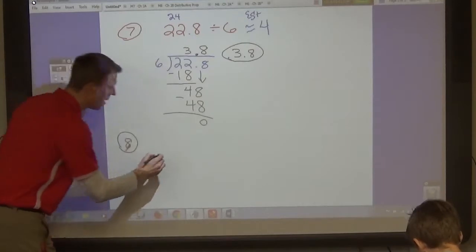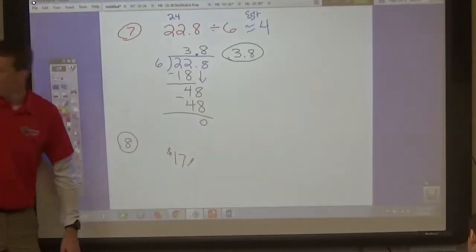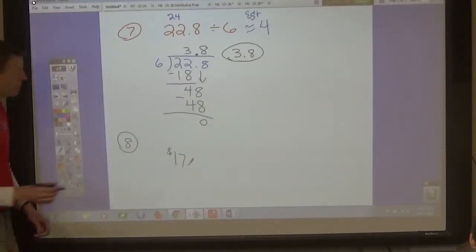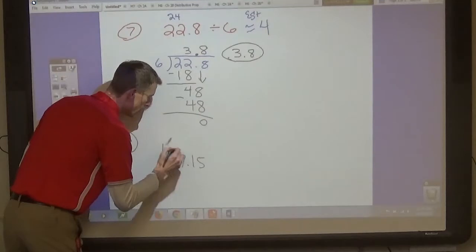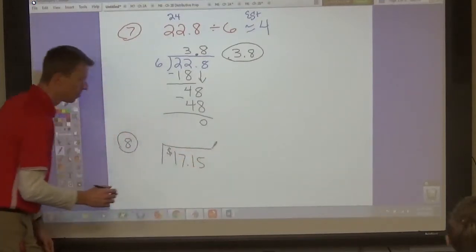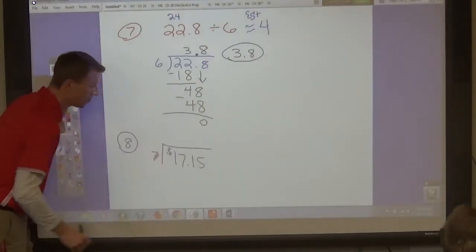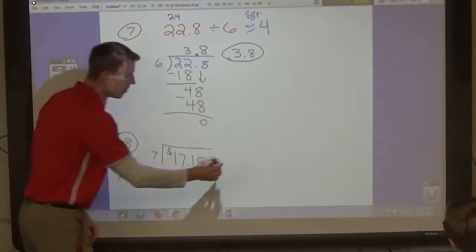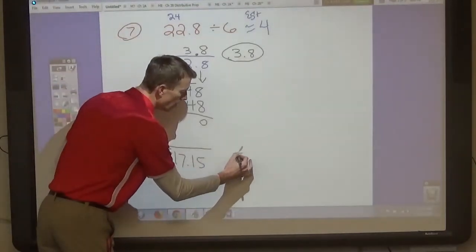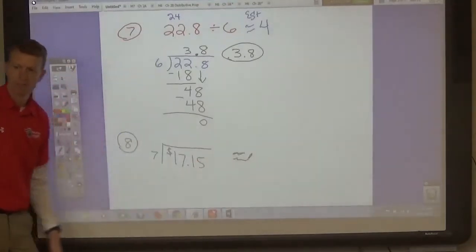That one already has $17.15 as the dividend. And 7 is the divisor. So, when you're estimating, this is that squiggly equal sign, which means approximately.